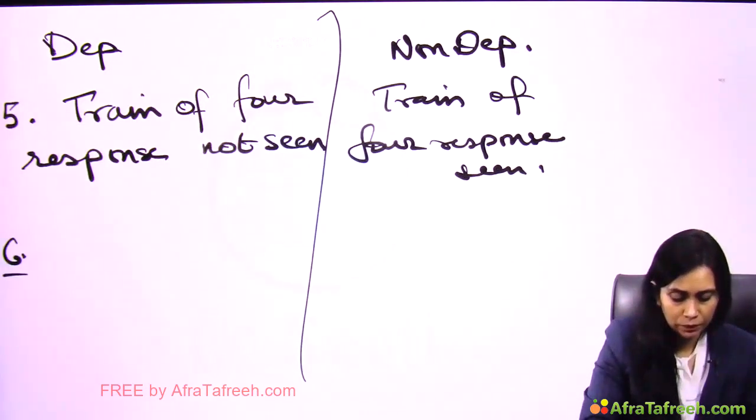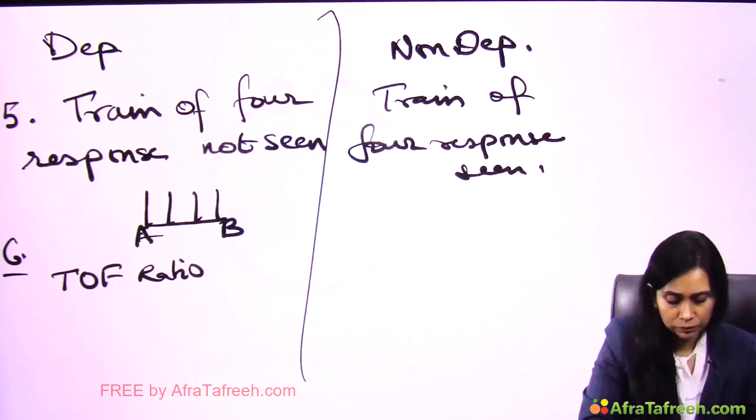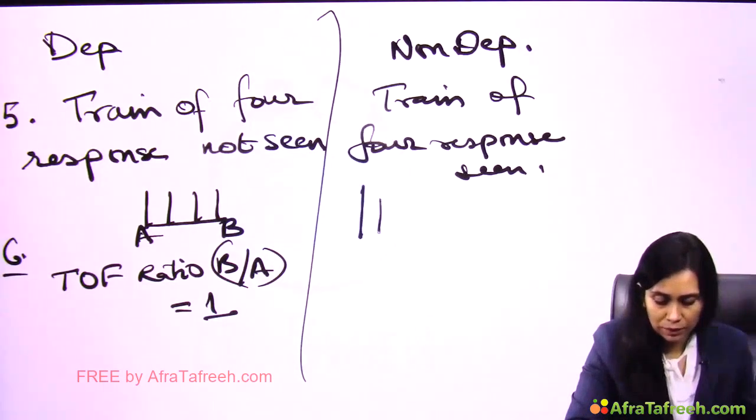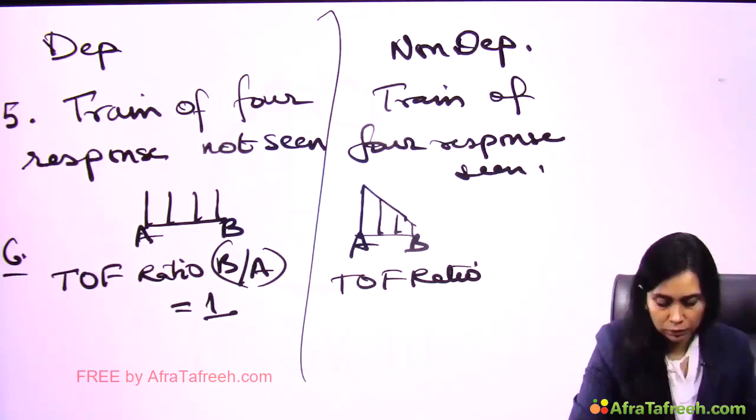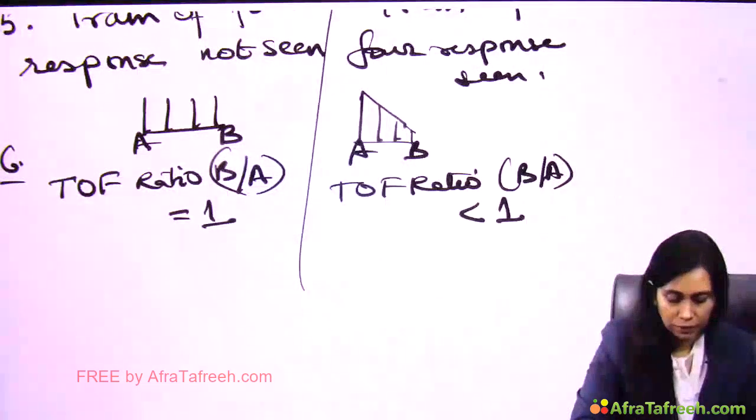6th. Train of 4 ratio, that is B by A, is equal to 1 in depolarizing. And in non-depolarizing, the train of 4 ratio, that's B by A, is less than 1. 7th.